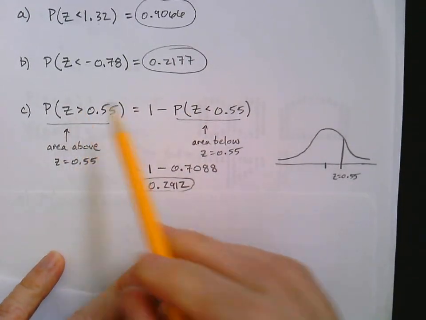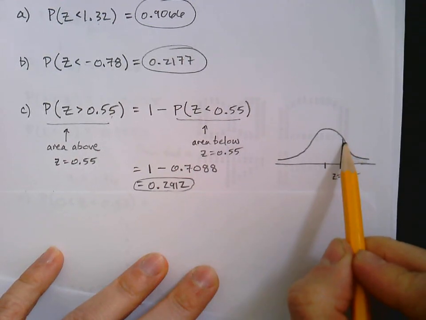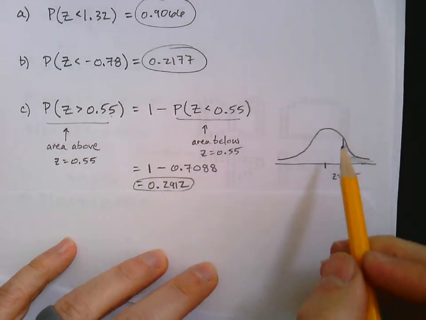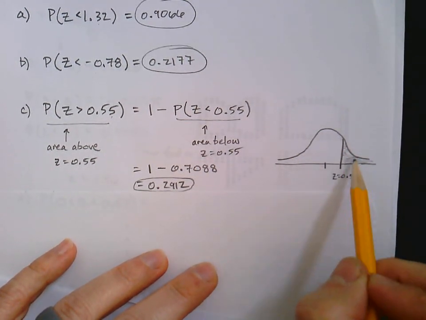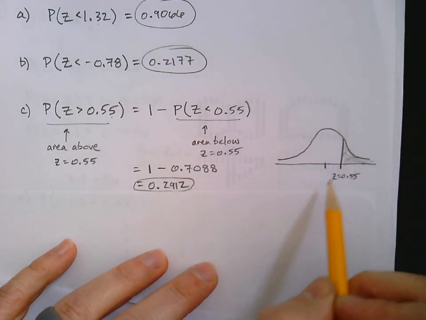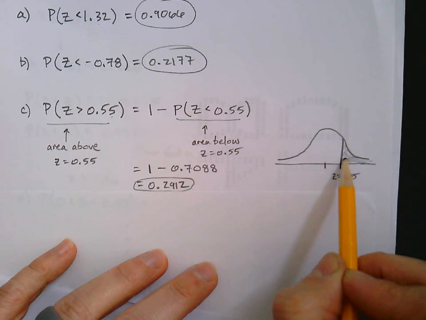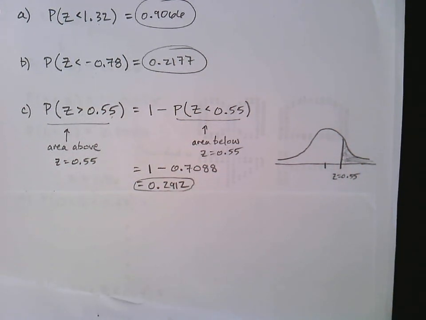When they say greater than, they're asking what's this area above, right? So I'm going to find the area below. That's what my table tells me. Subtract it from 1, and that gives me 100%, and that will tell me the complement. What's the area above that value? And there we are.